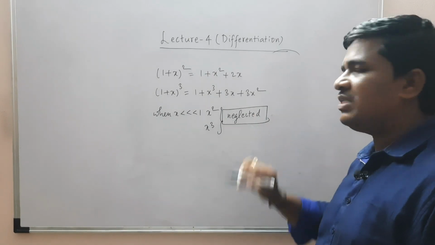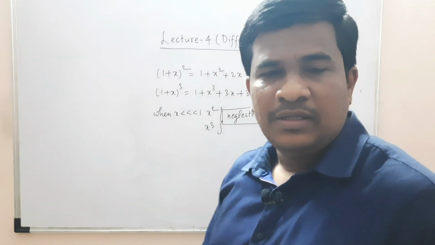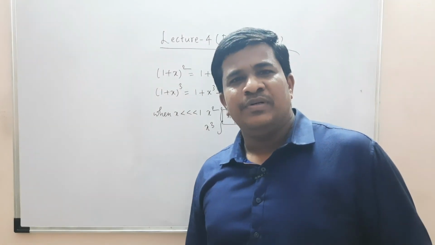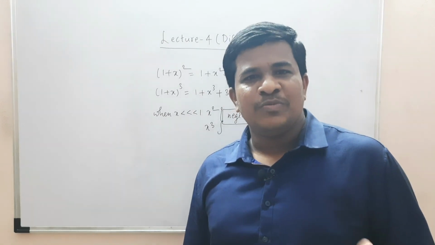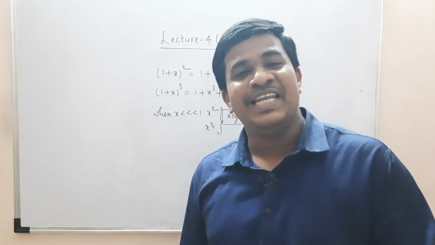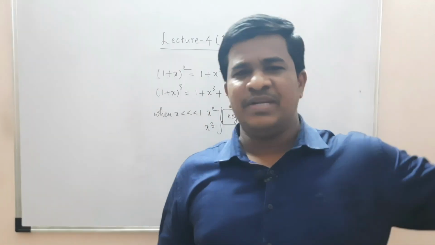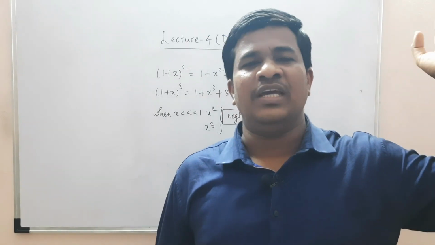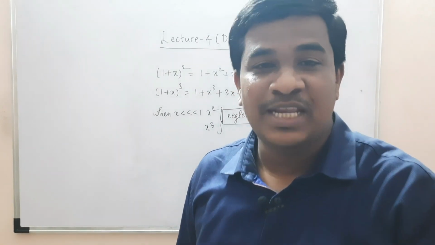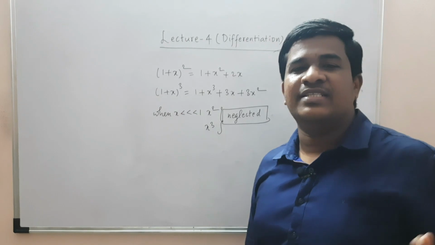This is what we have seen. So x square, x cube are not supposed to be neglected in all the cases. Whenever x is very much less than 1, in such case x square and x cube can be neglected, and all higher powers can be neglected, such as x power 4, x power 5. When x is very much smaller than 1, not in all the cases.